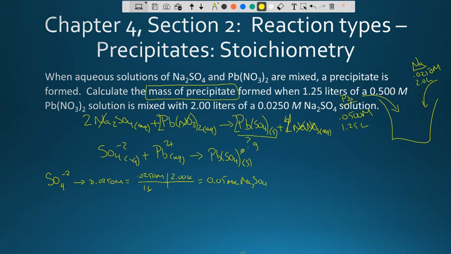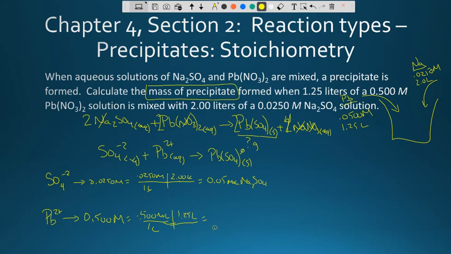Okay, now let's do that simultaneously with my lead solution. Now with this, I had a 0.500 molar solution. That means I have 0.500 moles over 1 liter. And notice with that solution, I had 1.25 liters, didn't I?